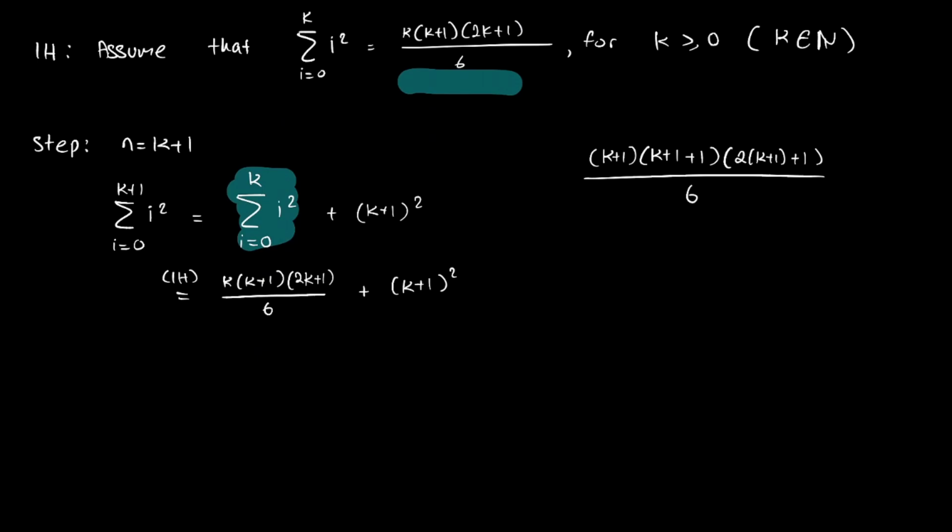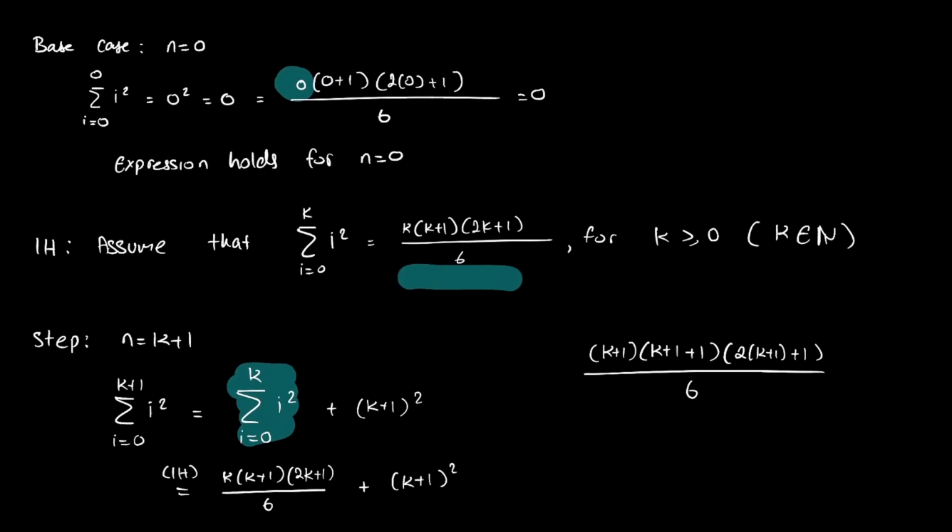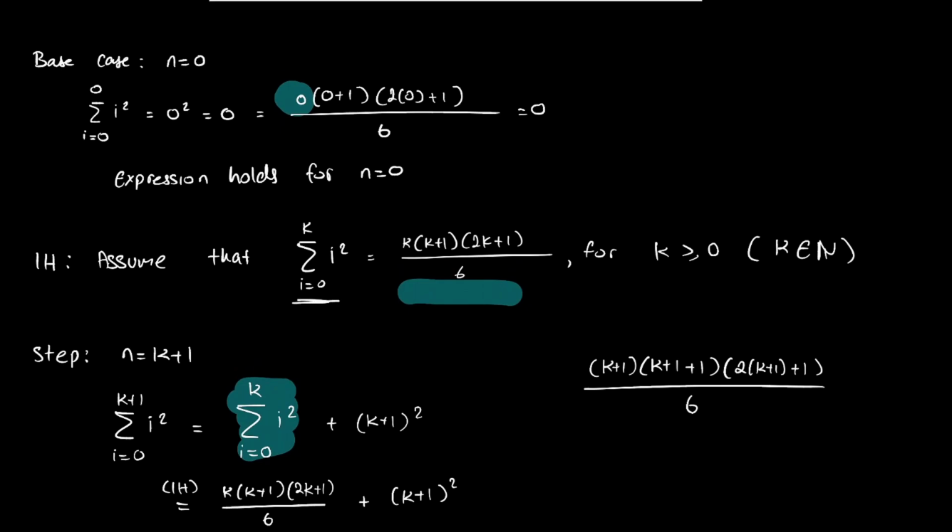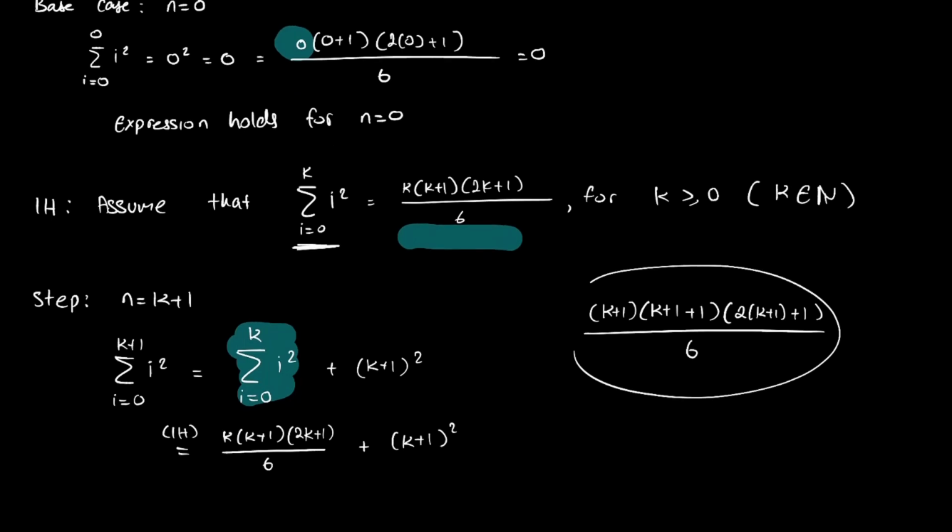If this looks weird, that's because we're trying to prove that this holds for k plus 1, and the only thing we do is substitute k plus 1 into that expression. That's where we get this expression from.